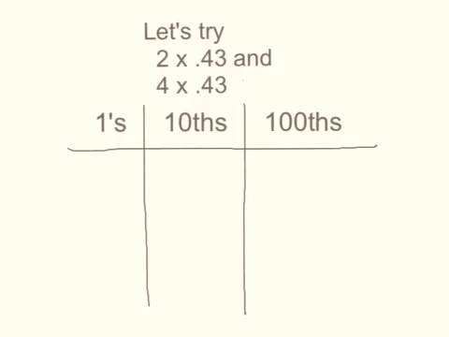So how will that be different from 4 times 43/100? We do the same thing. We use our place value chart. This time we're multiplying each digit by 4. 4 times 4 is 16. 3 times 4 is 12. So now we have 16/10 and 12/100. For every group of 10 we have, it has to shift over.